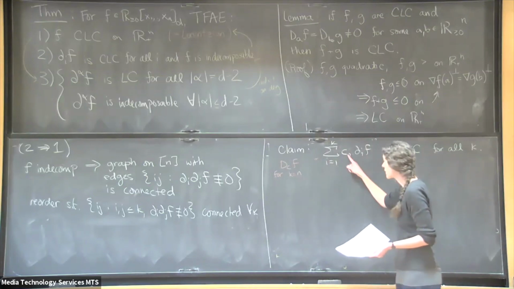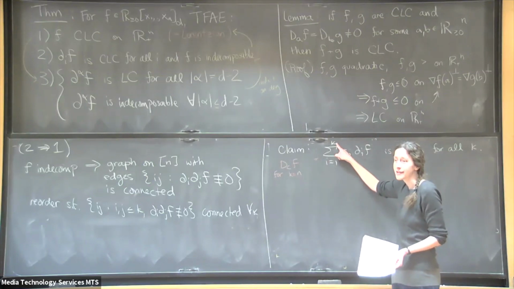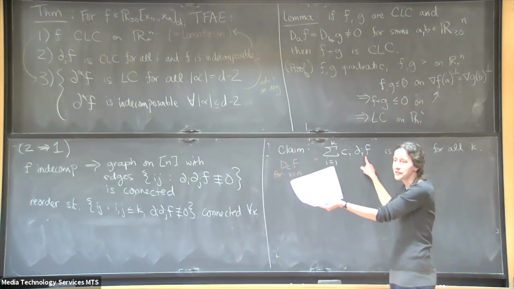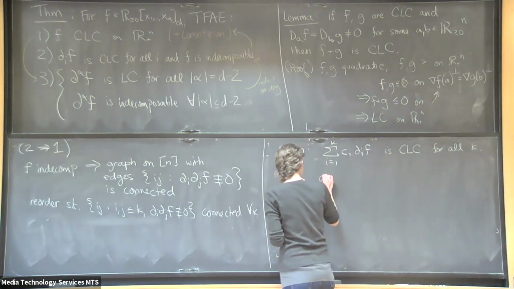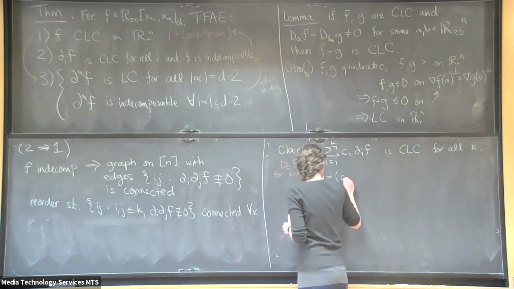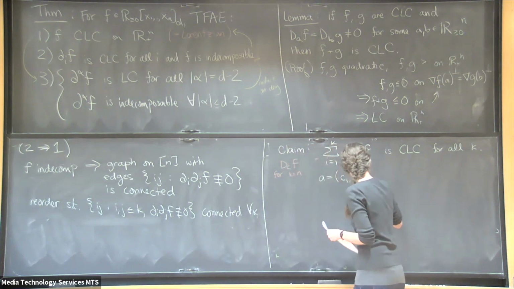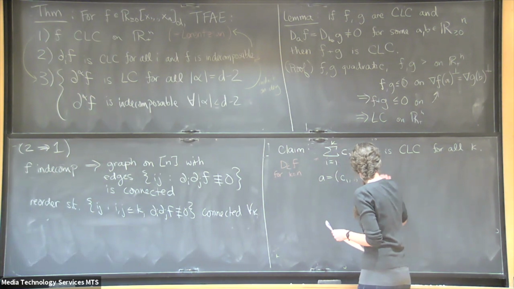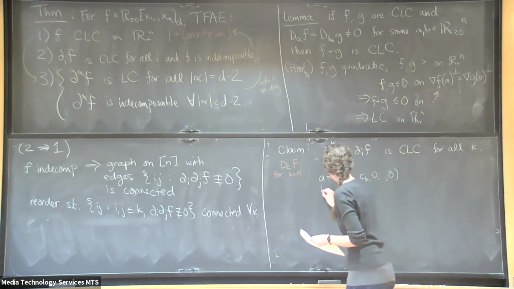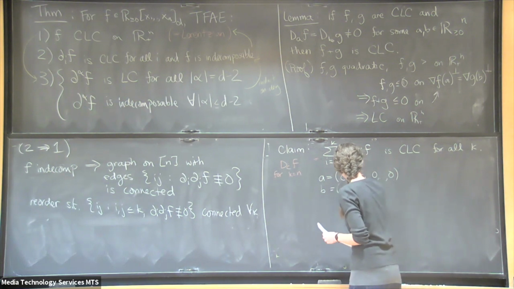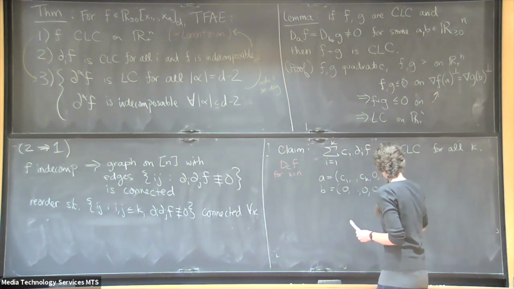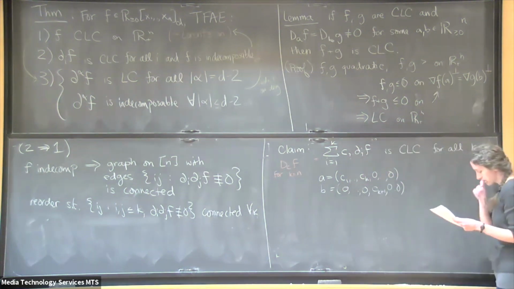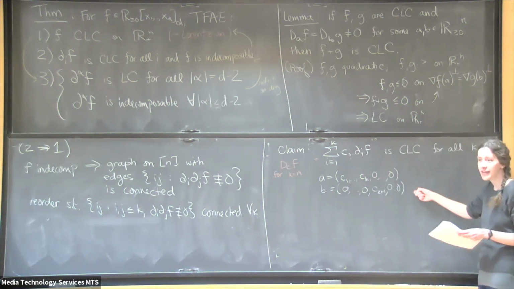Basically, we can just induct on k, is the reason I've written it this way. For k equals 1, I'm not doing anything. And otherwise, I can partition my vector coefficients. These will be non-negative vectors.